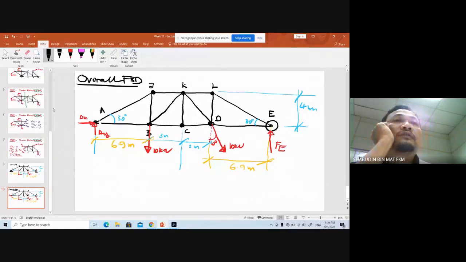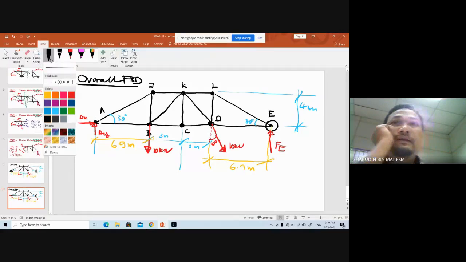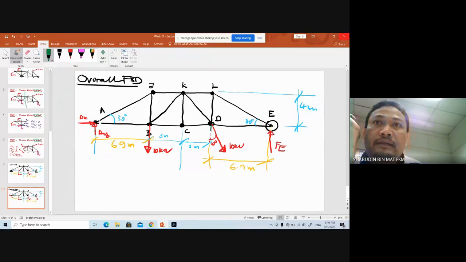So resolve all the forces in X into i, j, k. So you have here the component of 10: 10 cos, what degree there? 10 cos 30 degrees.